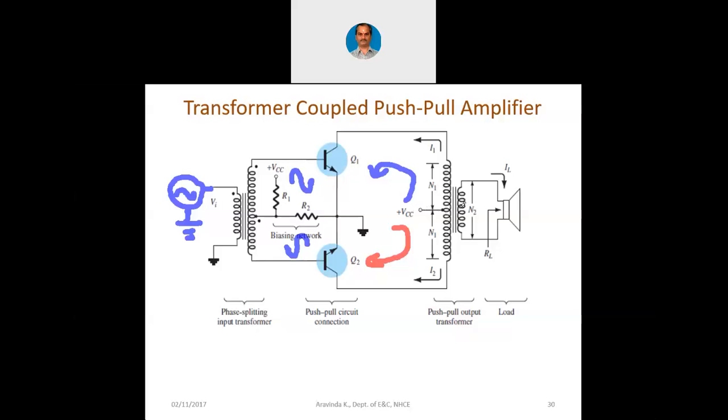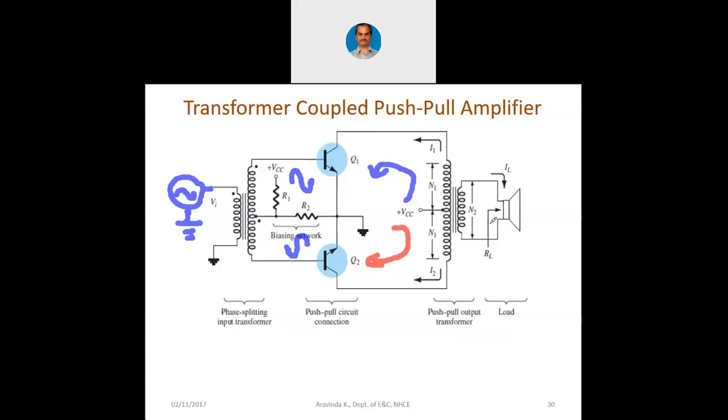Now accordingly AC will be induced at the secondary of the output transformer, and that is connected to the speaker. As I told you earlier, to the speaker there is no DC current flowing at all. You can see this VCC is utilized only for biasing of the circuit as such or the BJT as such.